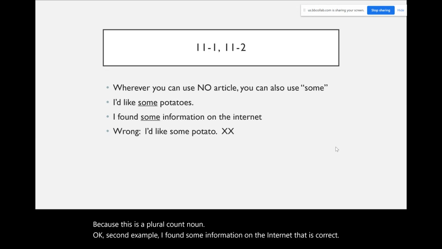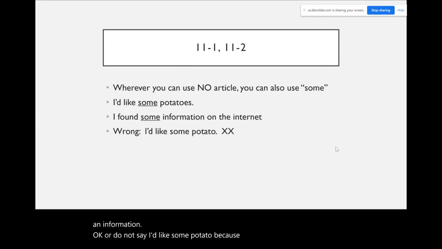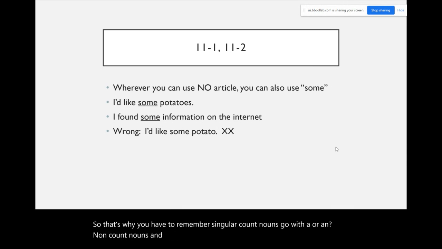You can say I found information or I found some information. Do not say I found an information. Or do not say I'd like some potato, because potato is singular. So that's why you have to remember: singular count nouns go with a or an. Non-count nouns and plural count nouns go with no article or with some.